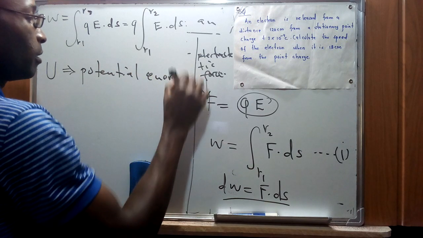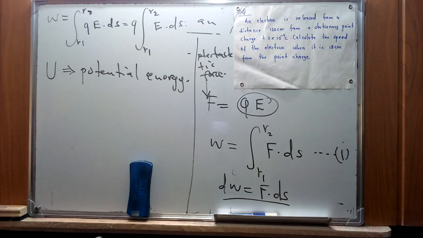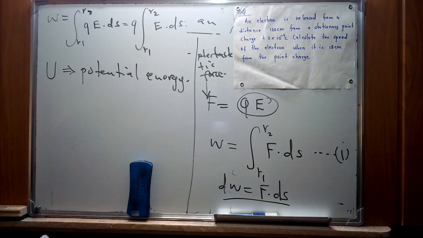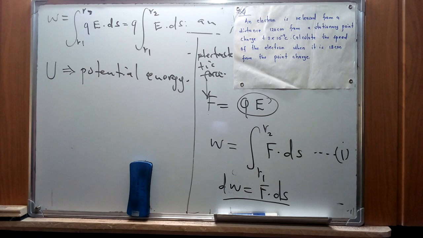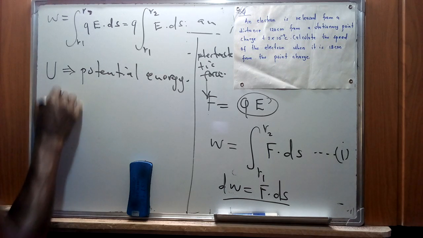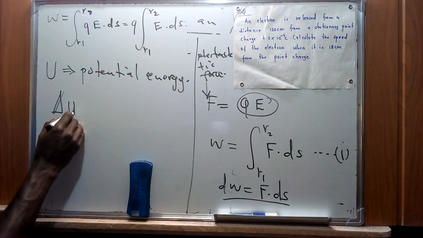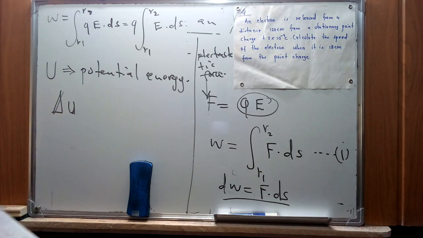So we have seen that due to the fact that electric force is a conservative force, this can give us a sense of how to find the electric potential energy, of course, between the 2 points. Now in this case, the change in potential energy is the one that is going to bear significance in our particular case.